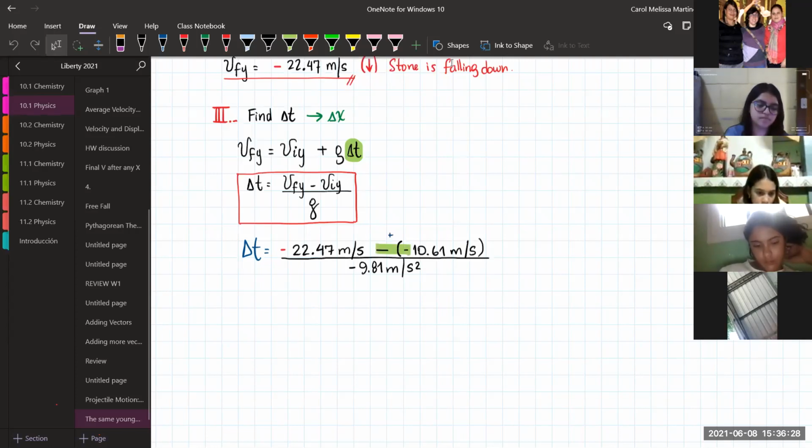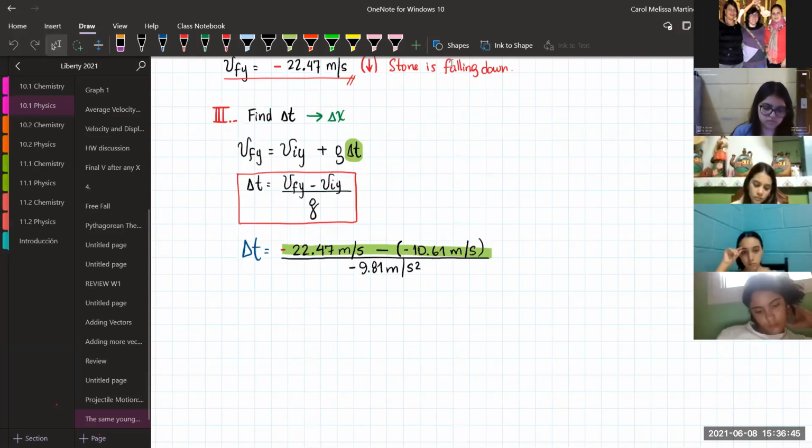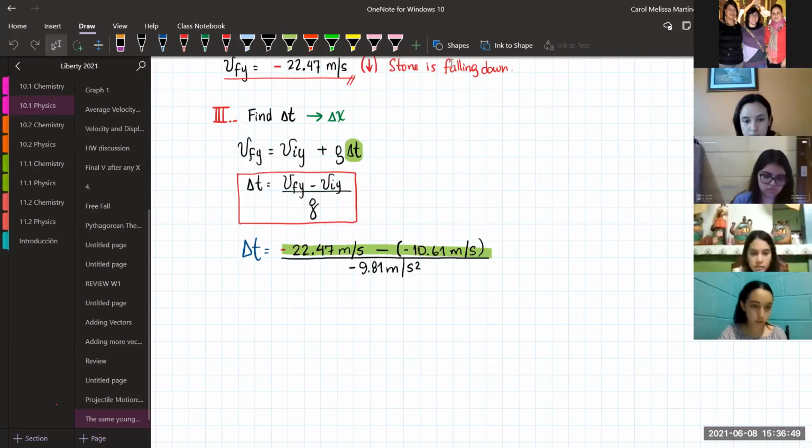How much do you get from this? The last answer is gonna be 1.21. But just the first part is gonna be negative, 11.86. Exactly. The first part is going to give you a negative.